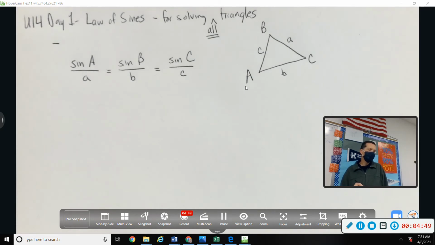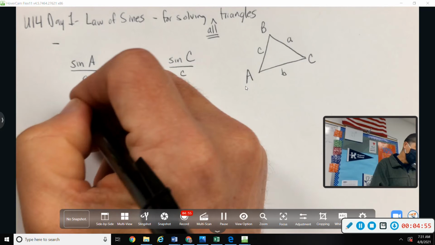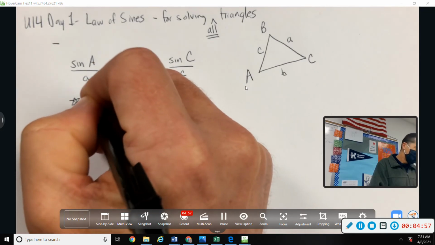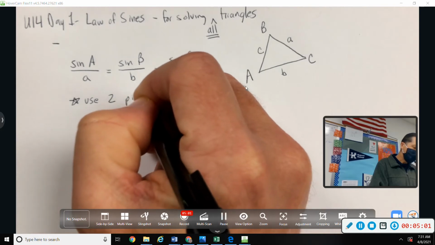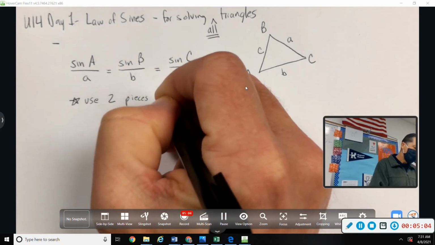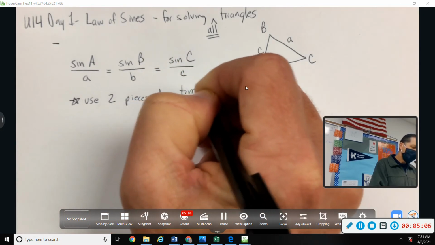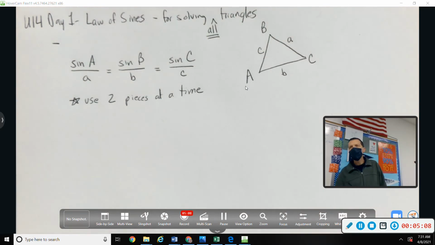Now, I guess that looks a little bit weird because it's like a 3-sided equation, which we don't really use. So here's the deal. You use 2 pieces at a time. And it kind of depends on what you know as to which pieces you use.